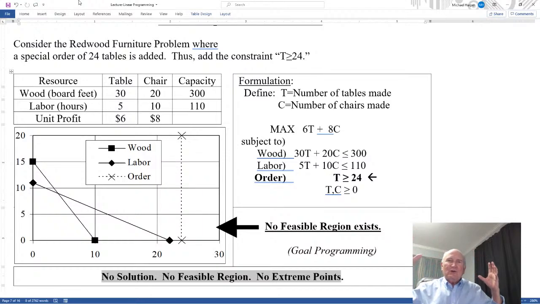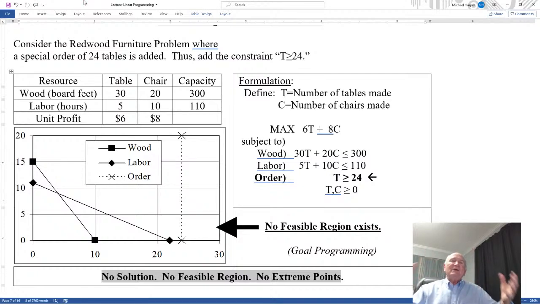Given the mathematical reason why it doesn't work, it doesn't really lend itself straightaway to a solution. But a very practical answer, "I don't have enough resources to make 24 tables," lends itself to a common comeback. How many resources do you need? That's how we solve this thing.